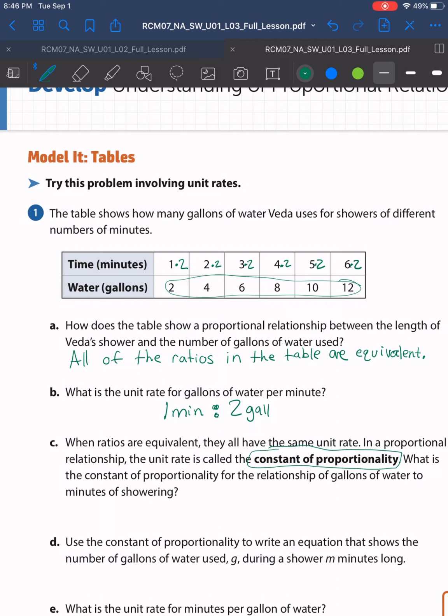Constant means something happens all the time. Is there a constant of proportionality to the relationship of gallons of water to the minutes of showering? Yes. Isn't the constant a 2? The 2 constantly goes through. So it is 2. Easy.